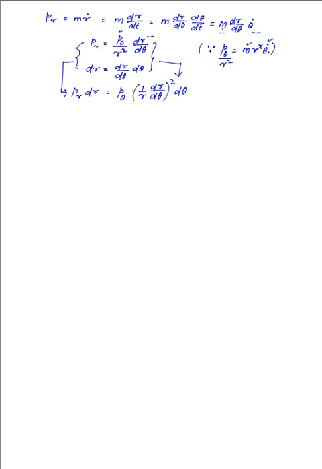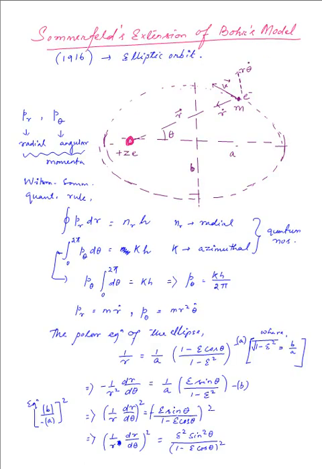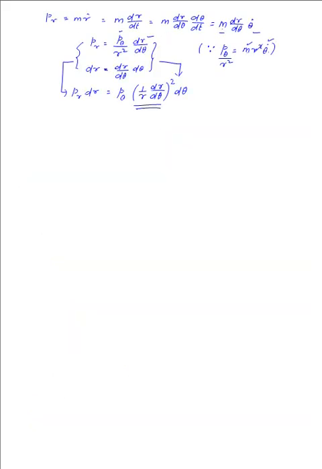Now we know what this term is. This term, if you remember, is simply the term that we had obtained right at the denominator there, the whole square term and all of that. So we just replace this over there.